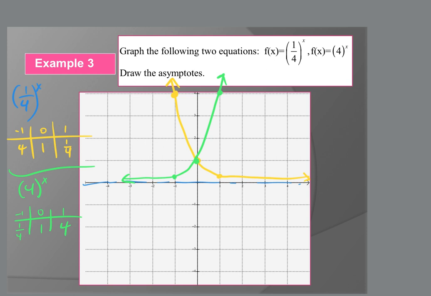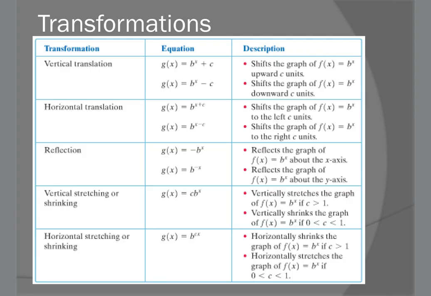We'll finish this tomorrow. We'll stop there for today. But what will happen is you will start to need to pay attention to things like vertical shifts. So this next slide goes through all the different shifts, and we'll talk about it some more tomorrow. But the most important one for a horizontal asymptote is a vertical translation, because as I move my function up or down, it's going to change the horizontal asymptote.